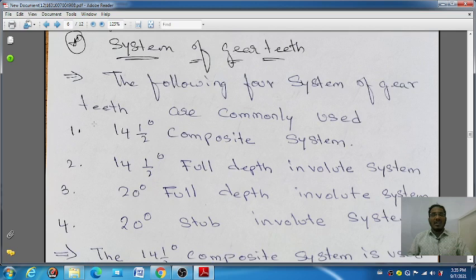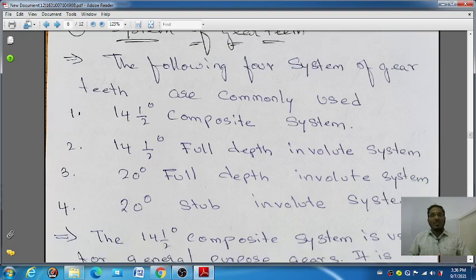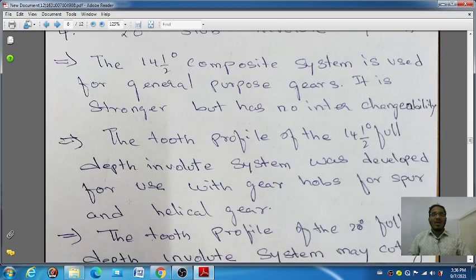If you look at any gear, there are teeth on the surface of the gear, and every tooth should have the same angle, whether it is 14 1/2 degrees or 20 degrees. What does it mean?